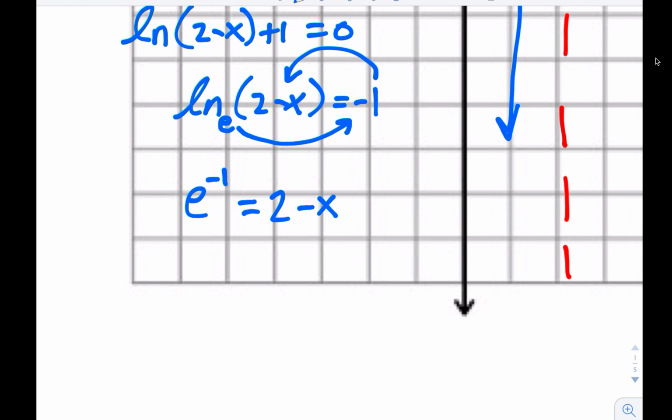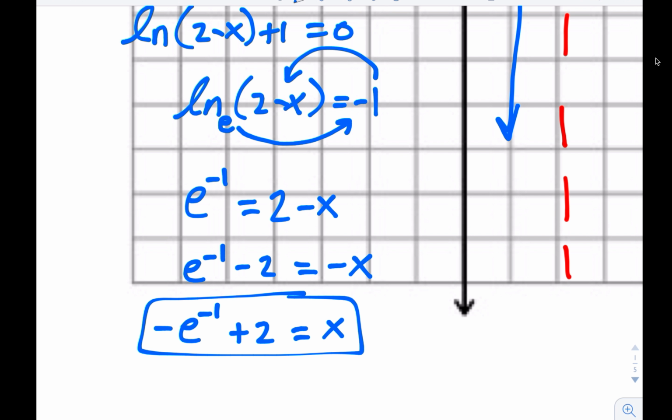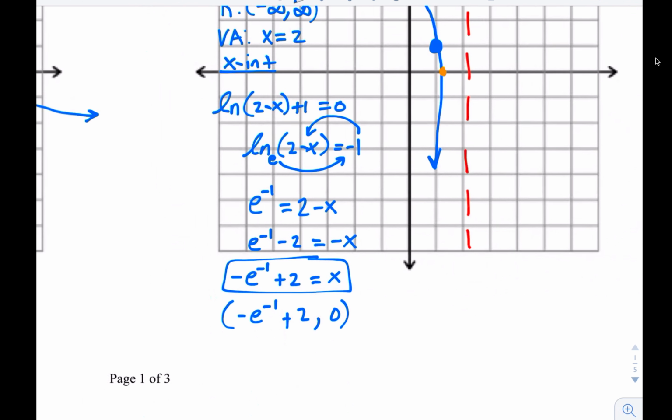I'm going to subtract the 2 over, and then divide the negative 1 into each thing. That makes it negative e to the negative first plus 2. So your x-intercept now is (negative e to the negative first plus 2, 0).